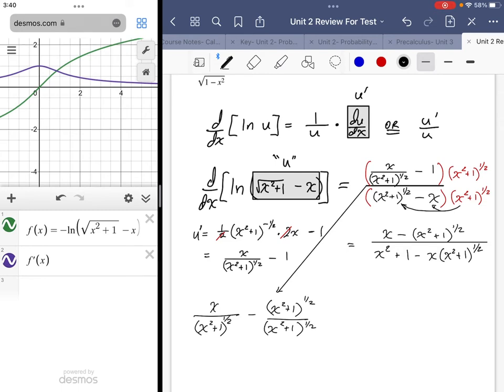Sorry, I lost the 1 there. So that would become x minus x squared plus 1 to the 1/2, all over x squared plus 1 to the 1/2, with the denominator staying the same.